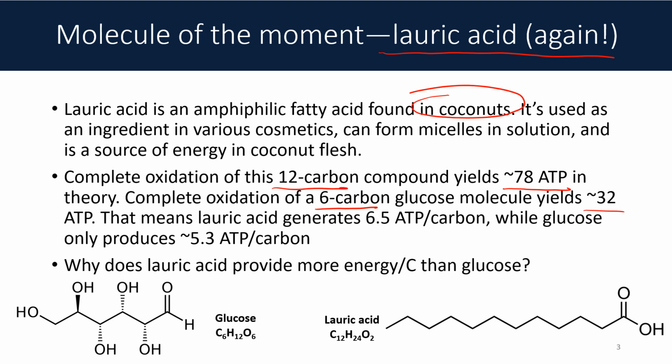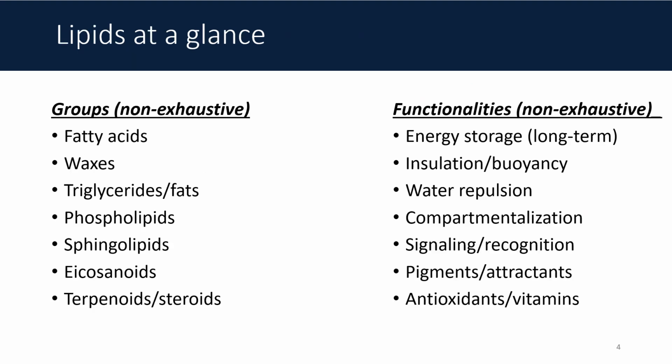So if you normalize the amount of ATPs for every carbon in the molecule, we're getting about 6.5 ATPs per carbon in the case of our fatty acid. However, glucose is only giving us 5.3 ATPs per carbon. My question for you is, why does lauric acid provide more energy per carbon than glucose does? Chew on that, and we'll discuss it in class.